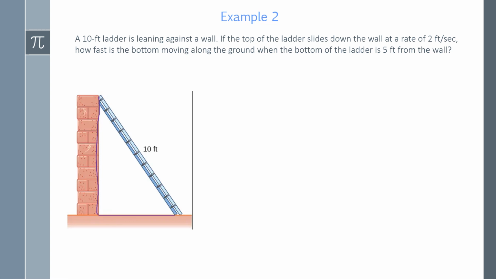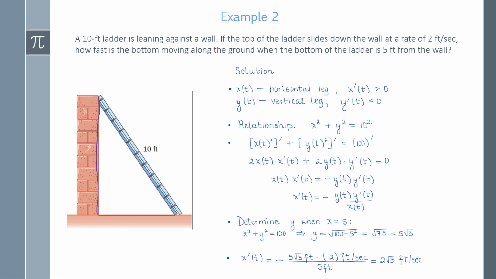So let's take a look at the solution. I'm going to label each side of the triangle with a variable. So x of t, that will be the horizontal leg, okay, and y of t, that will be the vertical. And if you can imagine this ladder sliding down the wall, what's going to happen to x?